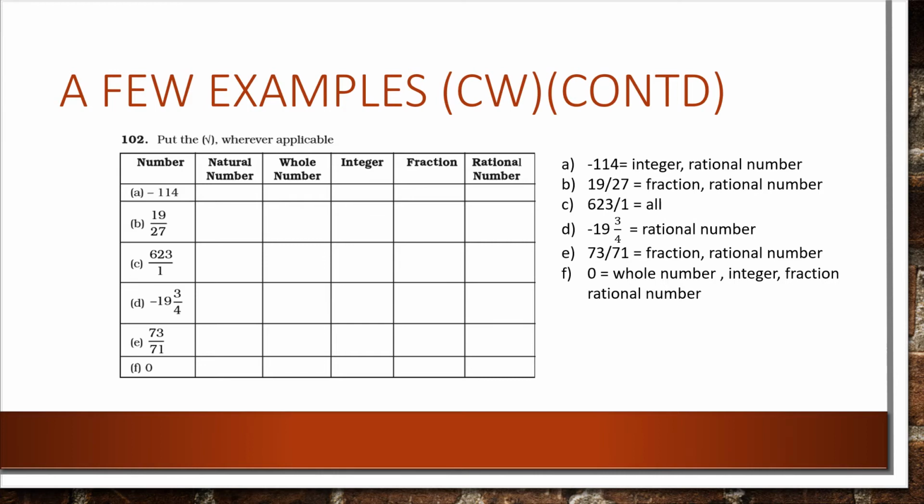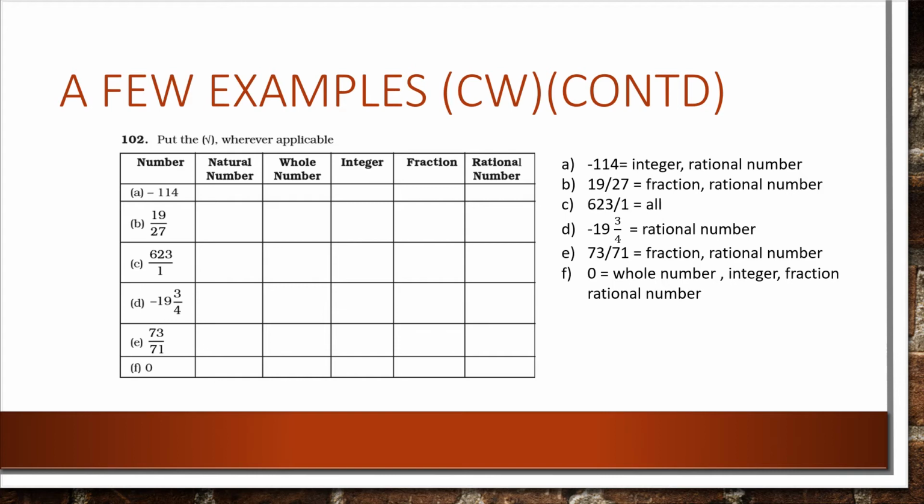So it is a rational number. 73 by 71. It's not a natural number, nor a whole number, not an integer. Yes, it is a fraction. It is also a rational number because it is in the p by q form. 0. Obviously 0 is a whole number. It's an integer. It is a fraction also because it's 0 by 1. It is a rational number also.